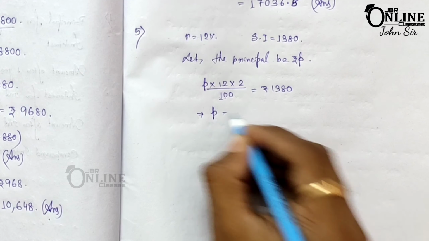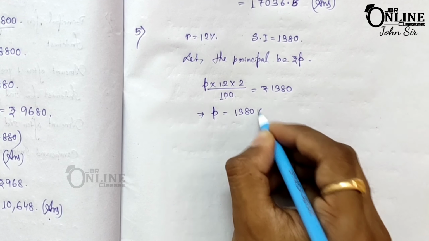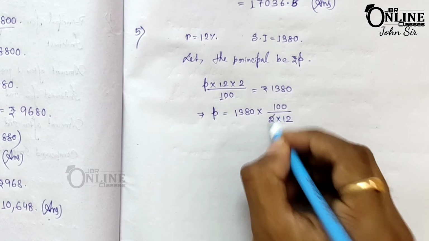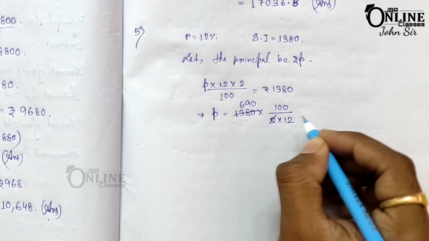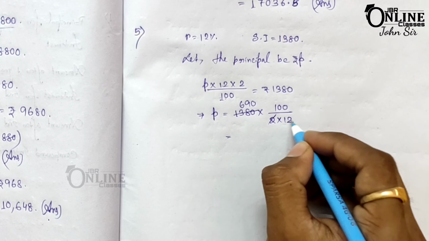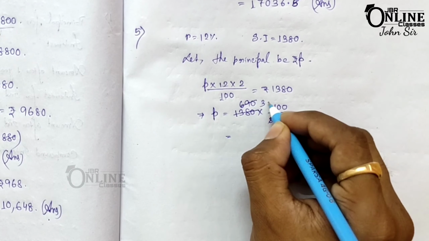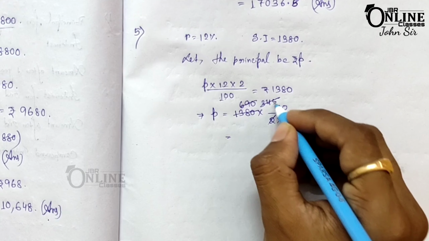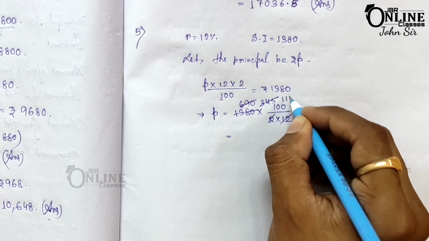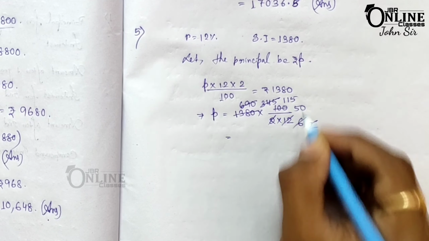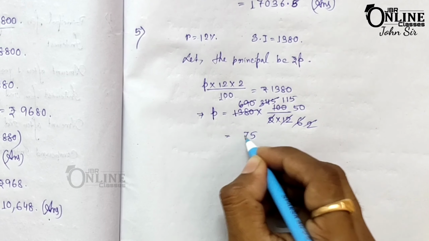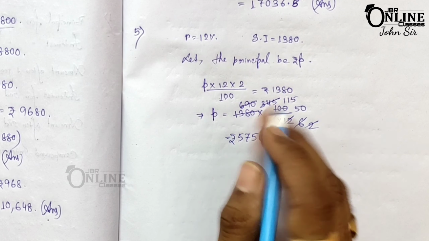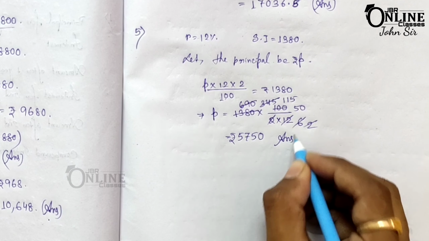So here P equals 1380 into 100 by 2 into 12, which gives 5750. So 5750 is the principal. That is the first answer.